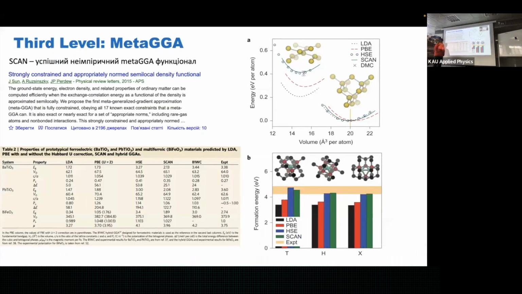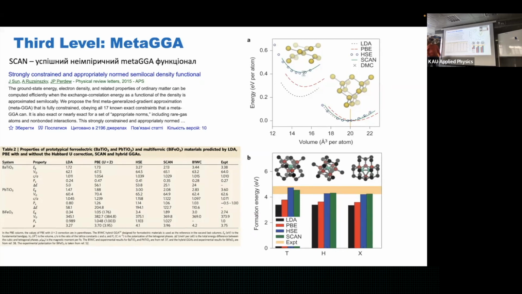Here are also comparisons between SCAN and experiments, and you see that, for example, we want to calculate the energy gap for these systems, BaTiO3 and some other things.